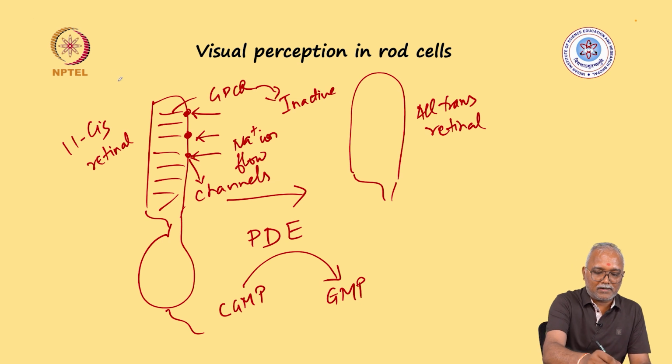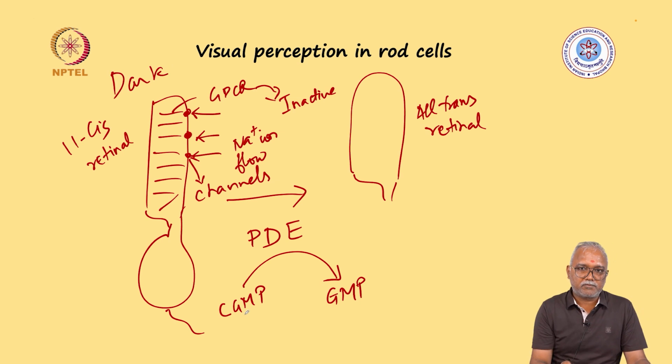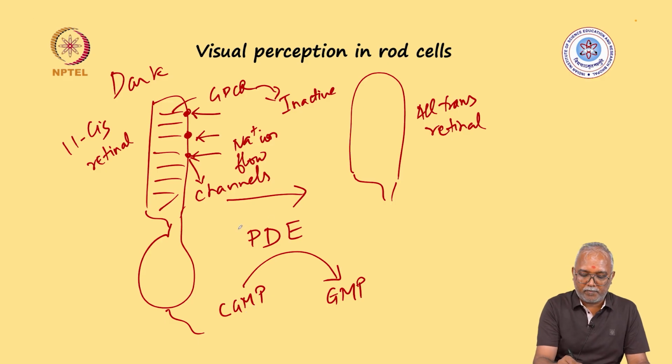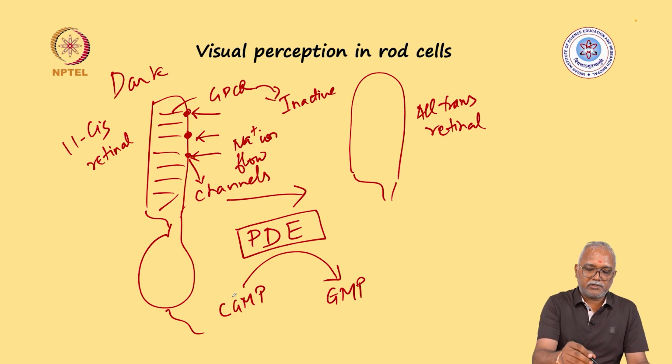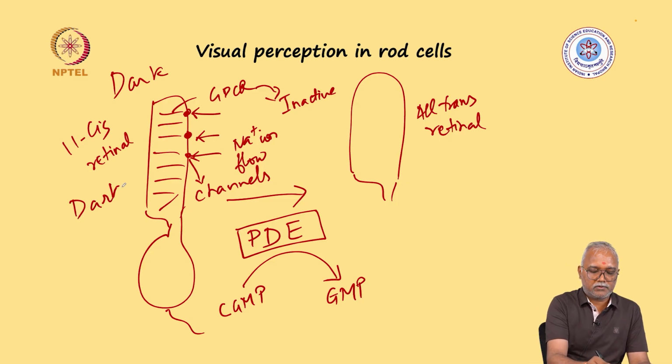So in the dark condition, cyclic GMP is more because there is no PDE activity at that point of time. Cyclic GMP binds to its channel, opens the channel, and flow of sodium ion happens. That is where dark current is produced.